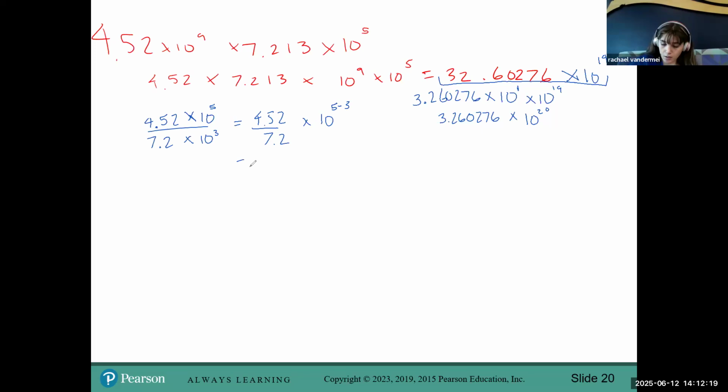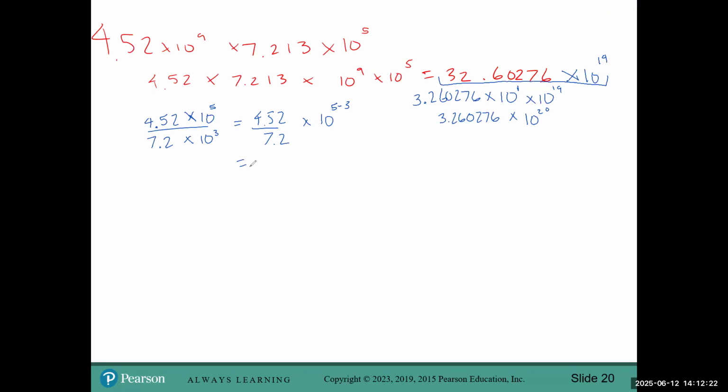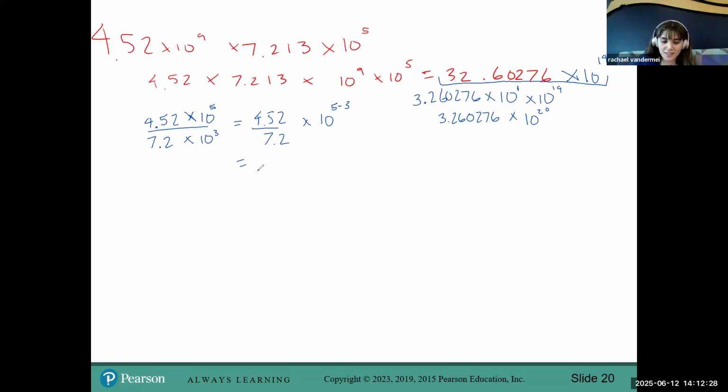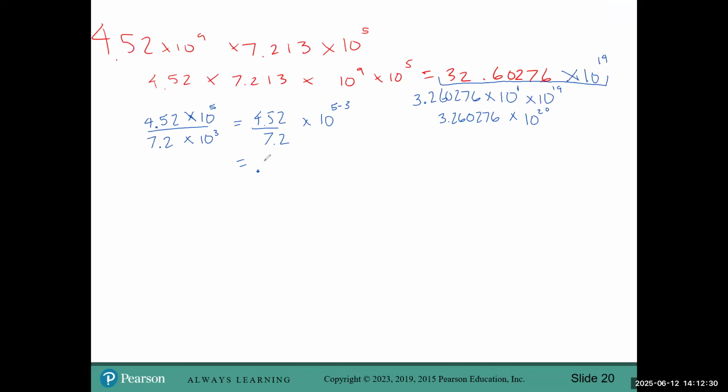Yeah. And then what is 4.52 divided by 7.2? Point 6277777, and we'll just call it 0.628. We'll just round it there. And we only had 2 digits here, so that's more than enough. And then that's times 10 to the second, right?